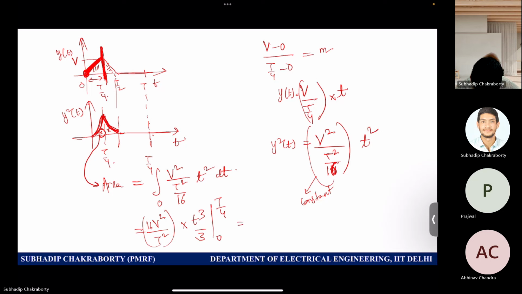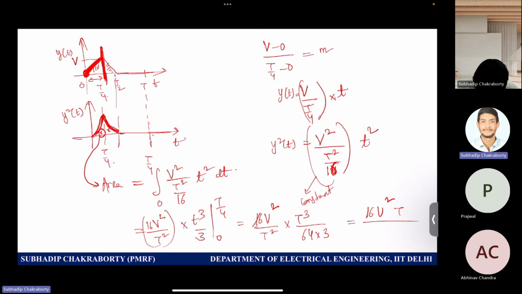So what you get? Correct? Yes, sir. So this is 4 and this is 12. So this one was the area of that one part.